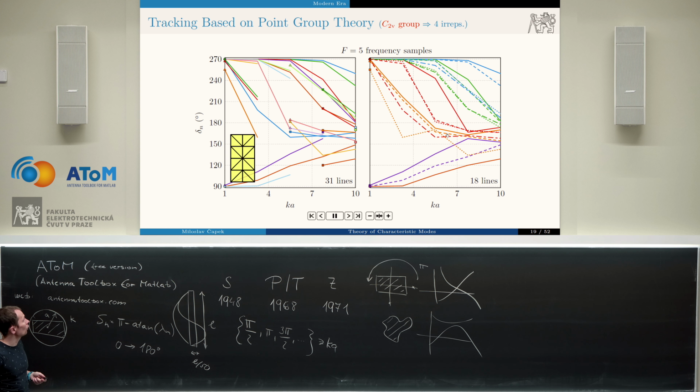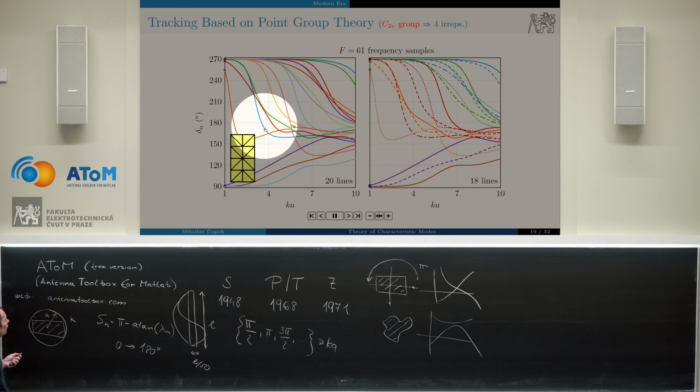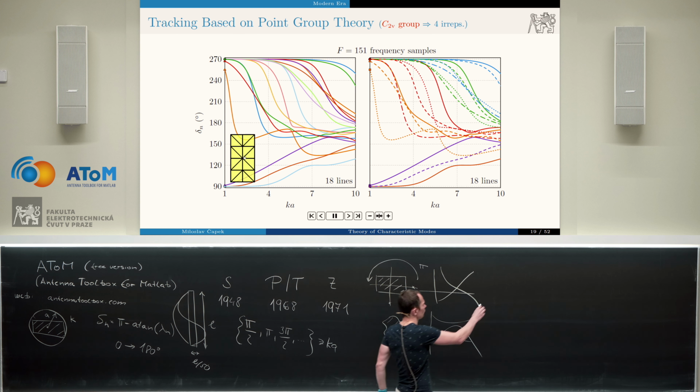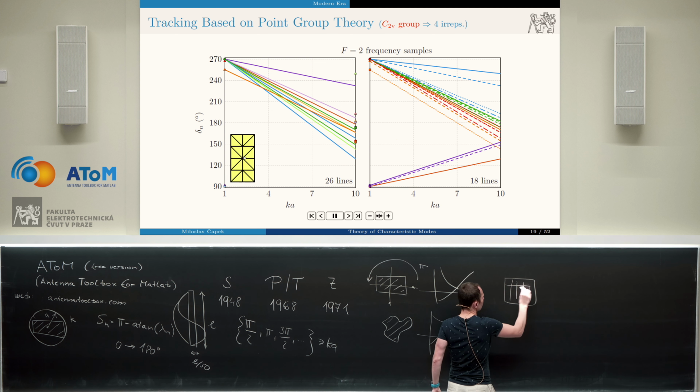Okay, so for completeness, the second example is the same shape, but now the mesh grid, the discretization, fully supports all the symmetries of the original rectangular plate. And that means that now the original impedance matrix, let's consider that it's a matrix like this one, is really reducible into 4 blocks.